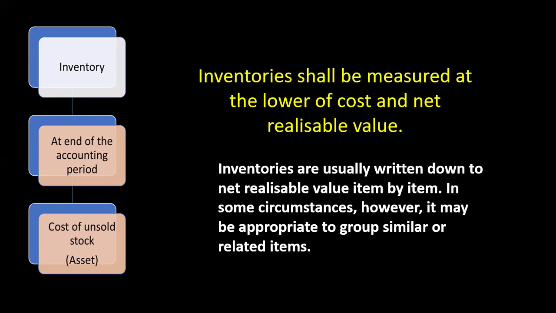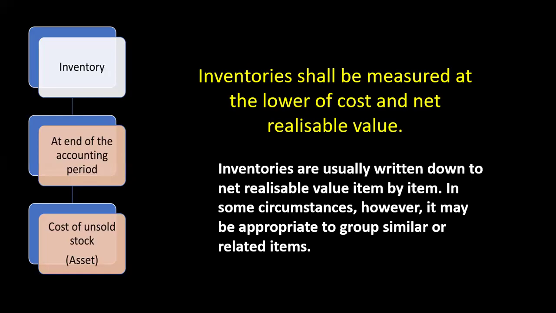And this can be explained through the conservative principle. If the market value or the net realizable value is lower than the cost value, then it is necessary to bring down the value of the unsold stock to the net realizable value. To calculate this net realizable value and compare it, the recommendation is that item by item can be compared.